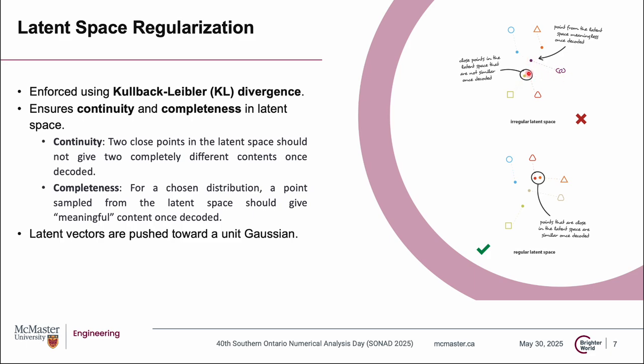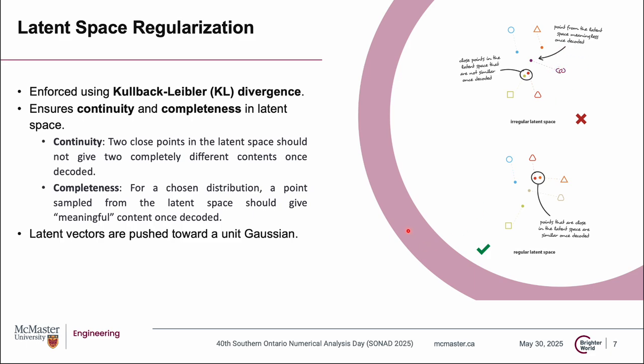And if 2 points are close, the outputs in the decoder are not necessarily similar. One of them is a triangle, one of them is a square. So we don't have continuity and we don't have completeness, meaning that if we choose 2 close points in the latent space, the content may be completely different. And there are some points that the output in the decoder are totally meaningless.